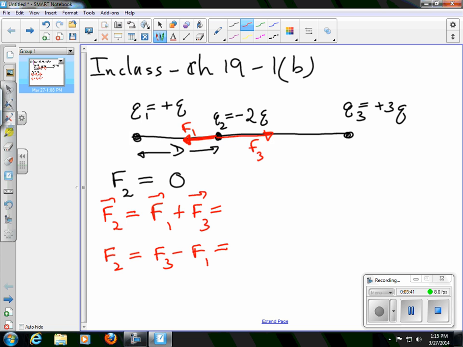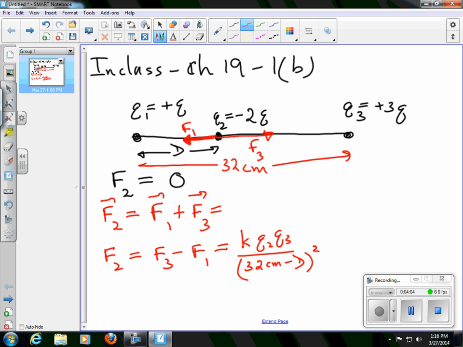How do you find F3? K Q2 Q3 over 32 centimeters minus d squared, because the whole distance is 32 centimeters. So this distance is 32 centimeters minus d. That is the distance between these two charges, right?